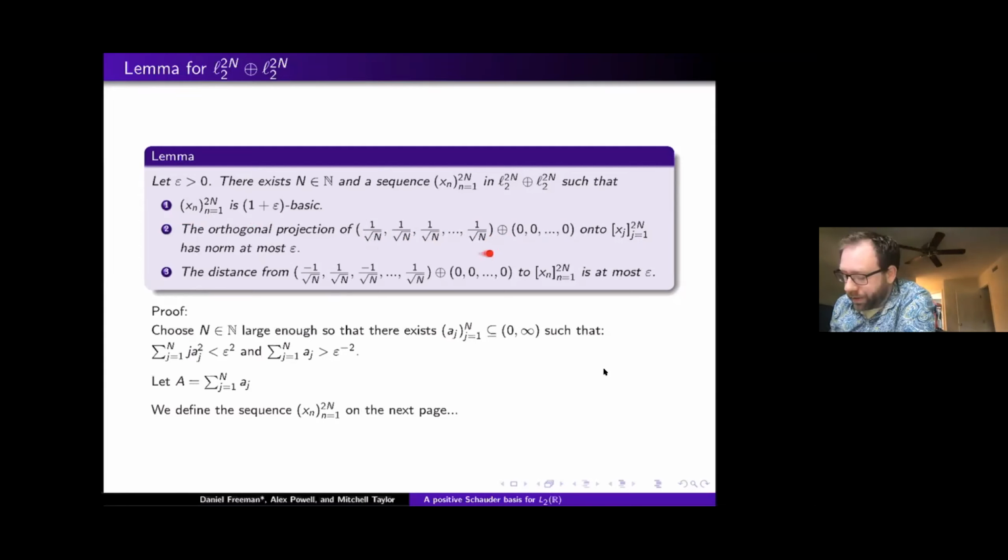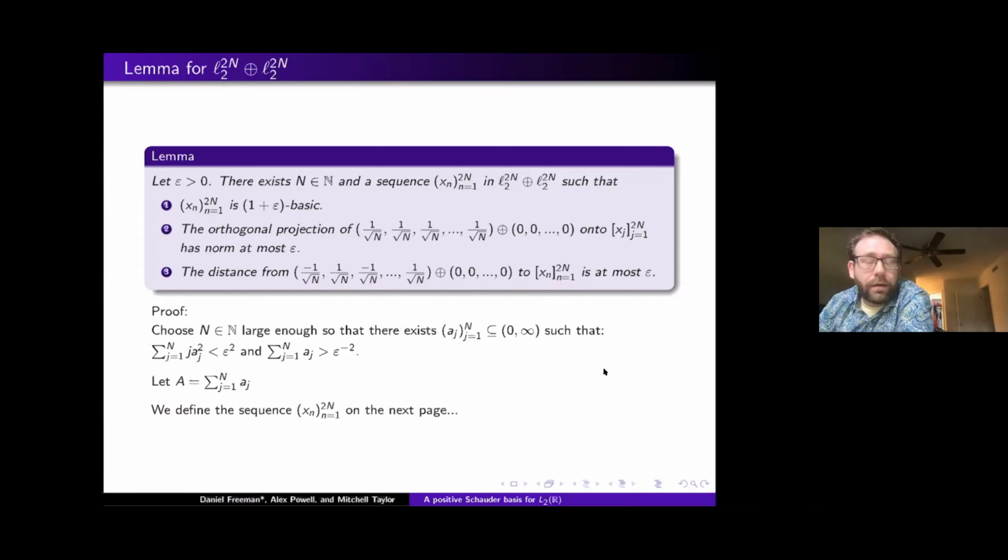So this vector with just all positive 1 over root n is pretty much almost orthogonal to our basic sequence. However, if we alternate signs, so -1, +1, -1, +1, then this vector is going to be extremely close to the span of these x_n's.